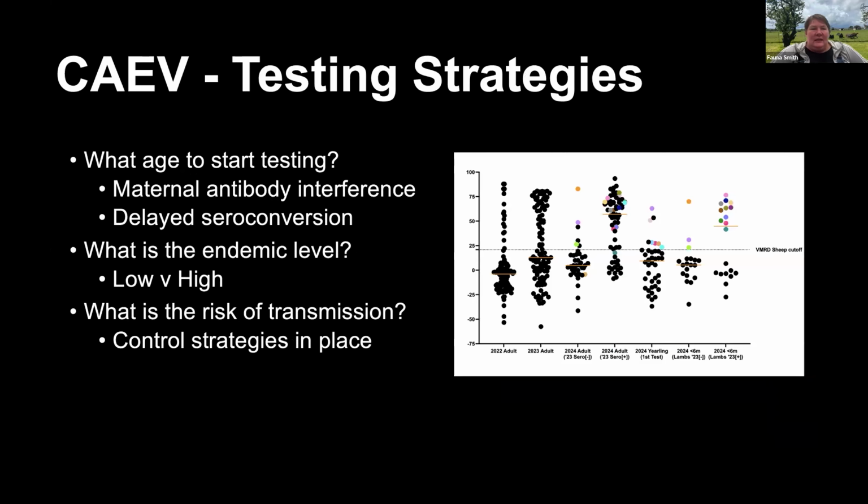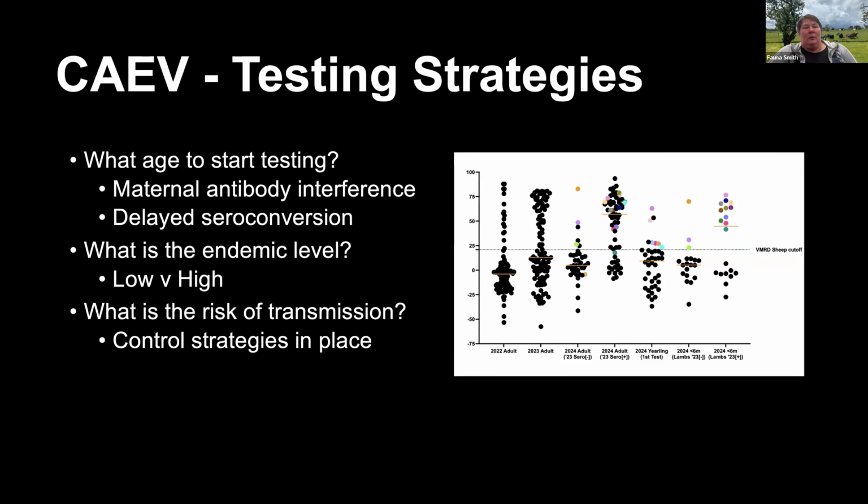So what are some of the CAE testing strategies that we need to think about? One of the questions is, at what age do we start testing? If you are in the mode of eradication and you are dealing with positive animals, if kids are getting heat-treated colostrum from positive does, you're going to have maternal antibodies that could interfere with the true status of the kid.